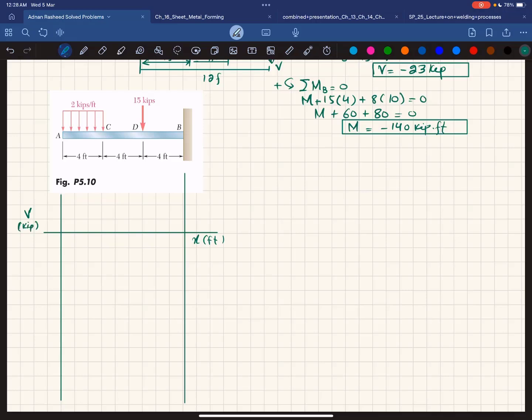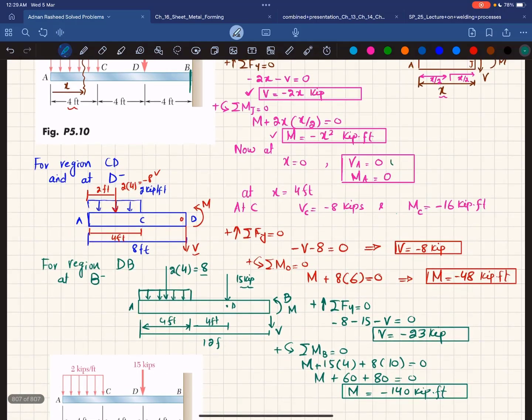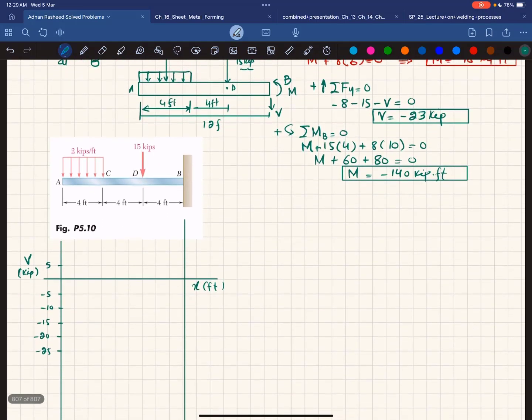Okay. Let one unit be taken as 5. Clear? Or you can also take it as 5, minus 5, minus 10, minus 15, minus 20, minus 25. Okay. Starting from point A, you can see the shear force V is equal to 0, so your shear force is 0 at this point.